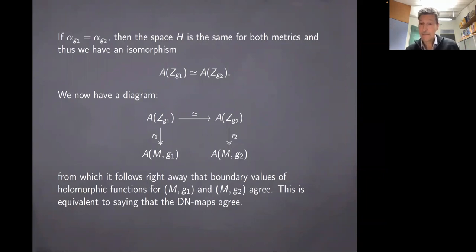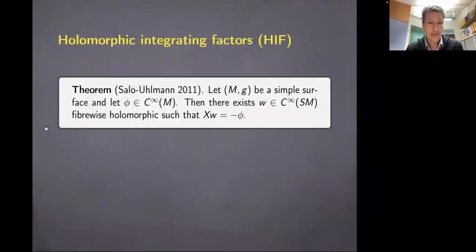So this is the way you think about boundary rigidity. So from my point of view at least, very satisfying.